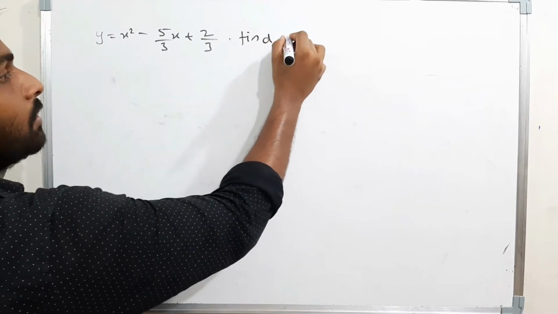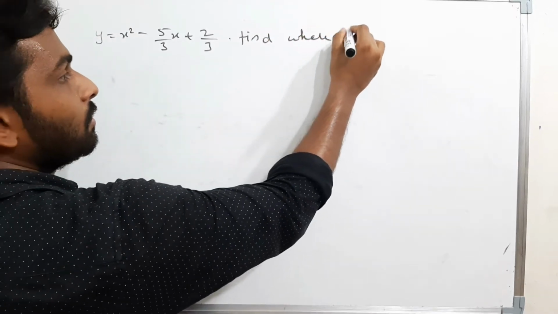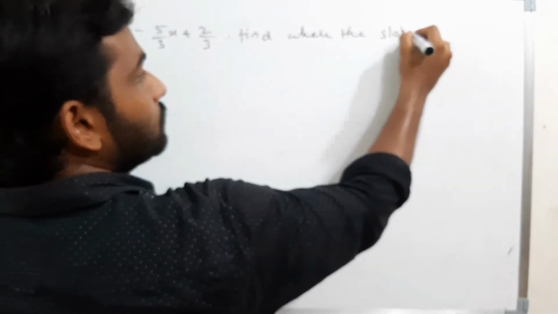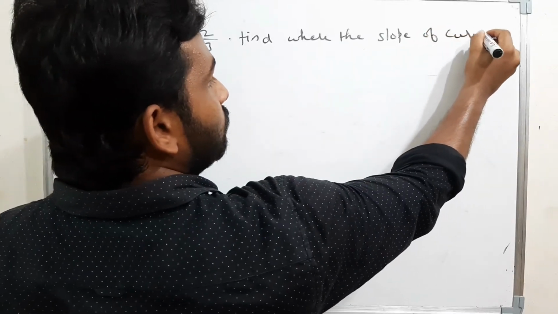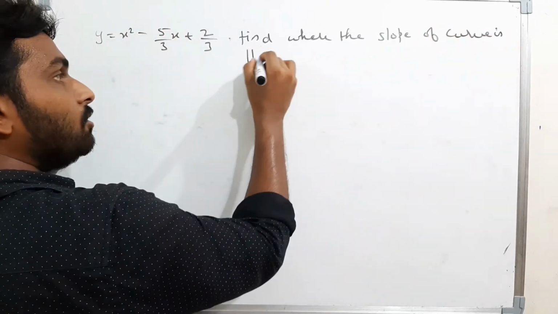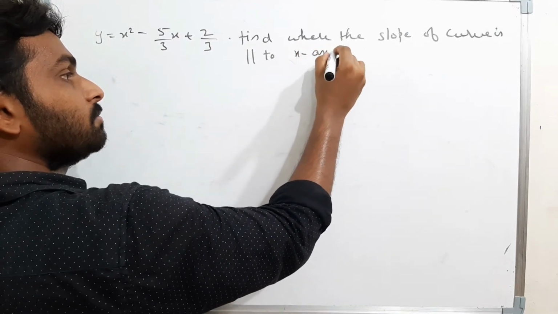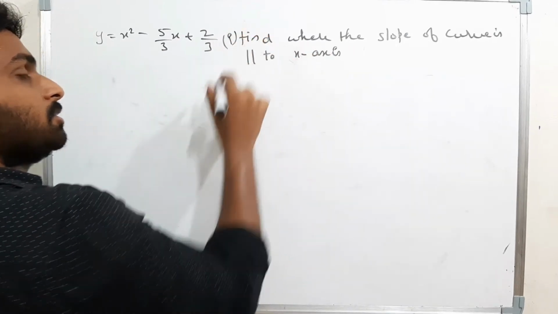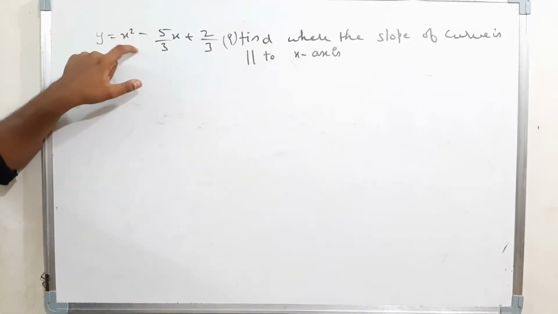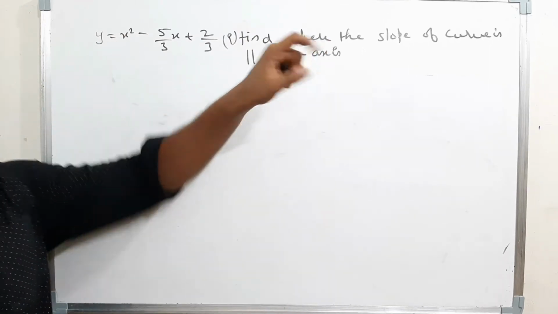Find where the slope of this curve is parallel to the x-axis. First, they told us to find where the slope of this curve will be parallel to the x-axis.